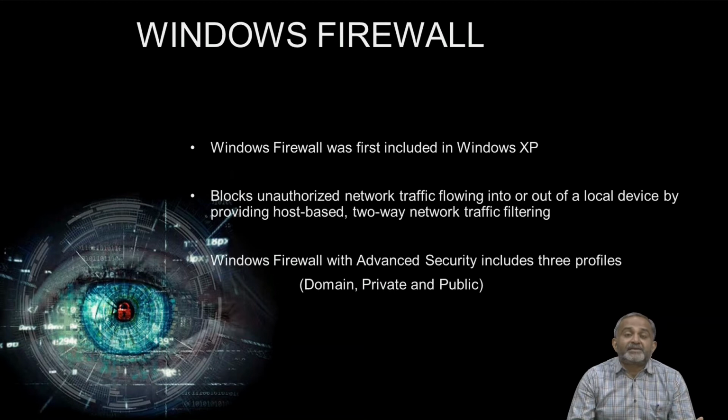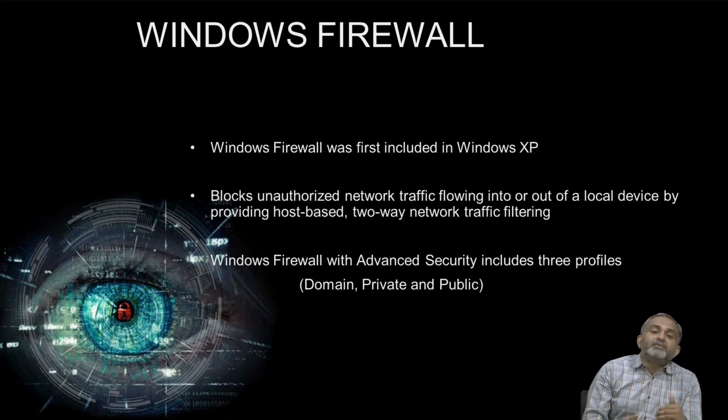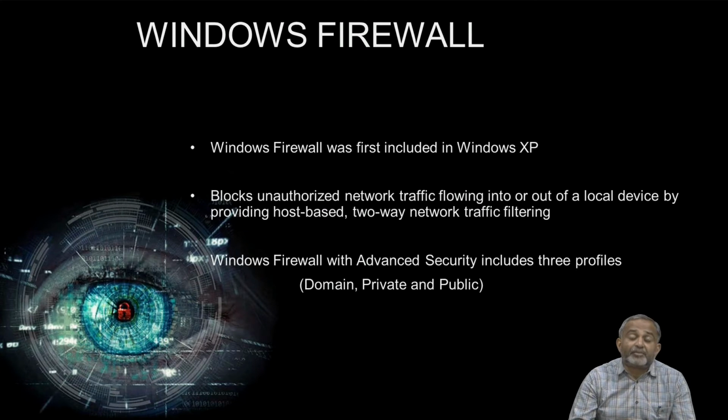Now the public profile. The assumption for the public profile is that a particular person is accessing the internet or an outside network from a public place. Another assumption is that the surrounding devices connected to the same network are not trustable.